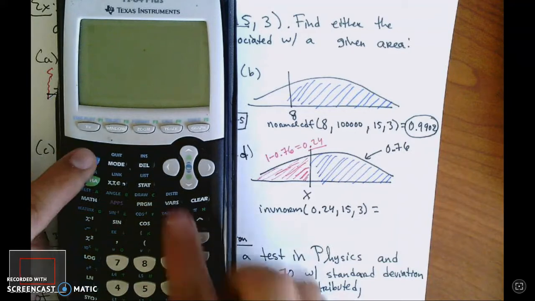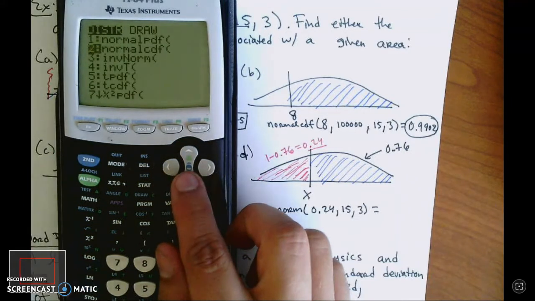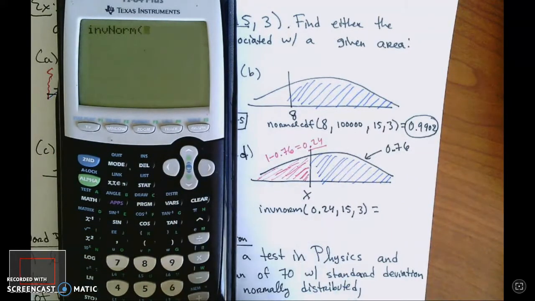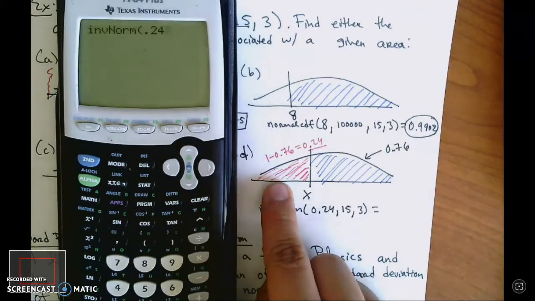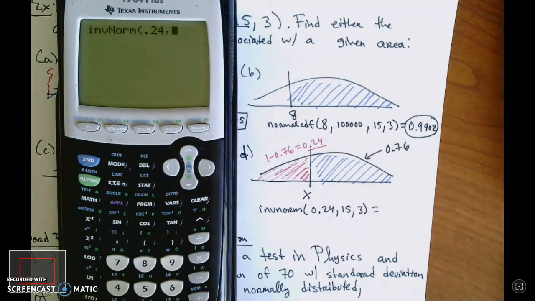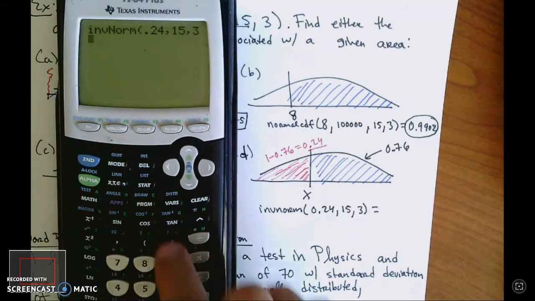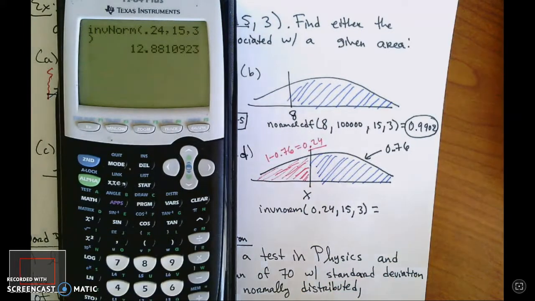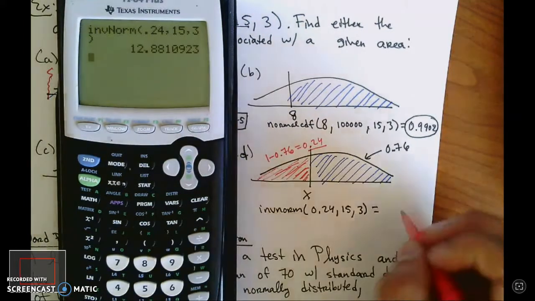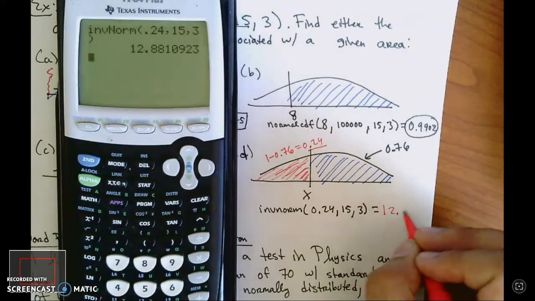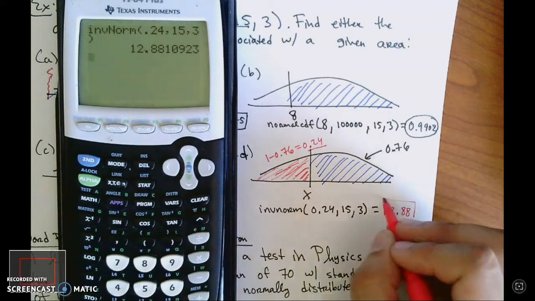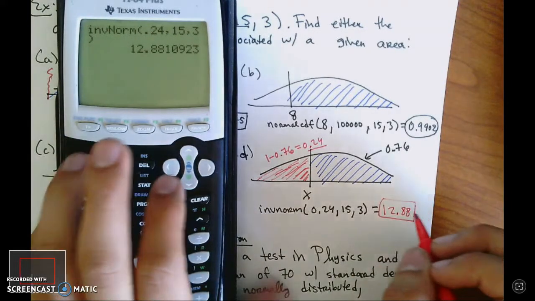I press second vars, go all the way down to inverse normal, put the probability of 0.24, which is the area to the left, comma 15, comma 3. And that gives me 12.88 approximately, and that is my answer.